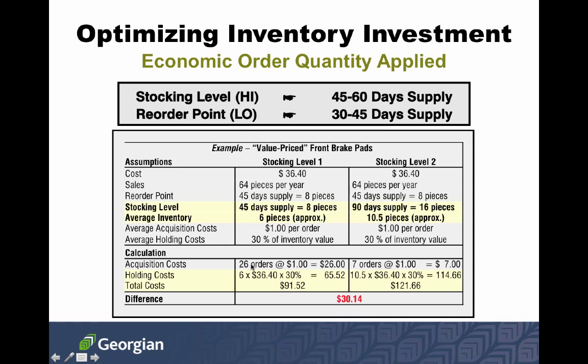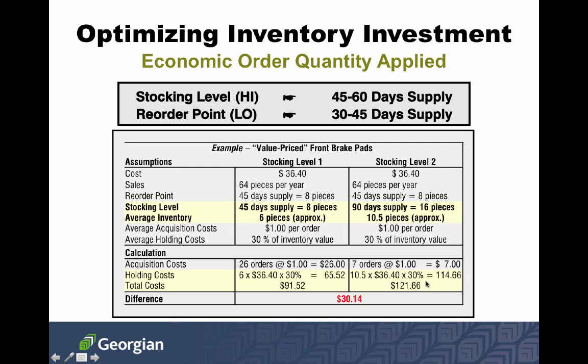So the calculation would now be as follows. Acquisition cost, the 26 orders by $1 is $26. The 6 pieces on average in inventory multiplied by 36.40 multiplied by the 30% holding cost is 65.52 for a total cost of 91.52. Okay. On this side here, 7 orders at $1 each, my $7. 10.5 pieces in inventory by 36.40 by 30% is 114.66.